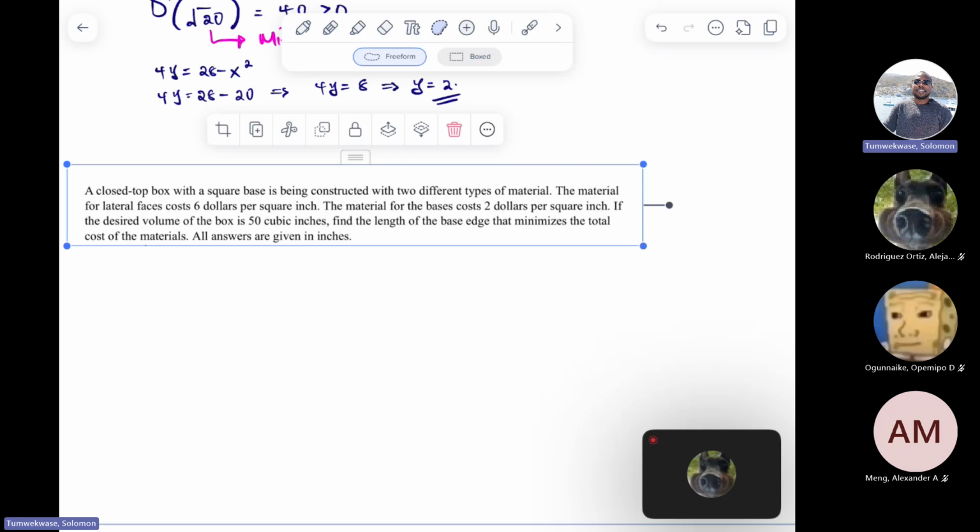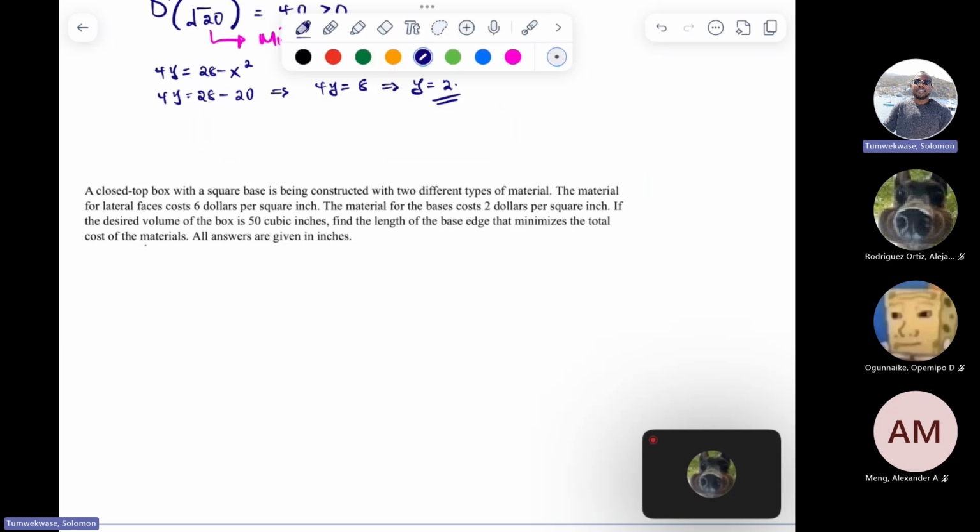The material for the lateral faces, so first of all, this is a box. Let me try to draw it nicely. Okay. So roughly this is my box.